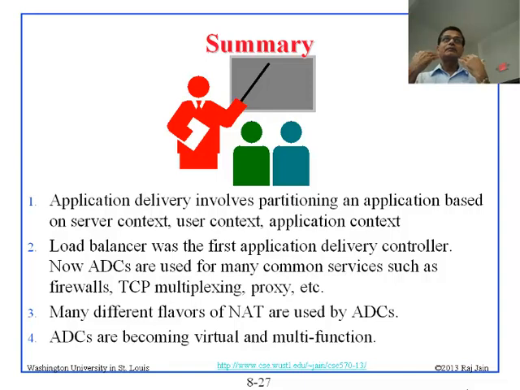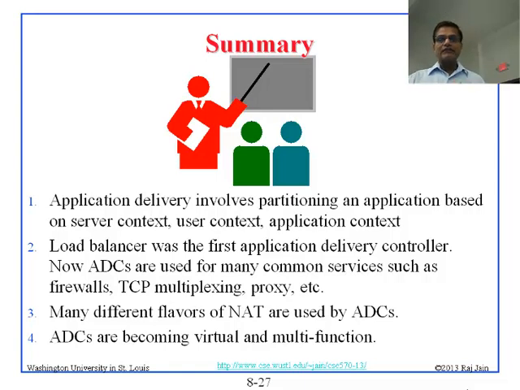Replication means just making copies. Partitioning means dividing the application into pieces, depending upon the application, the user, the network state, and so on and so forth. So depending upon different contexts, we can partition the application, and so we need these ADCs.